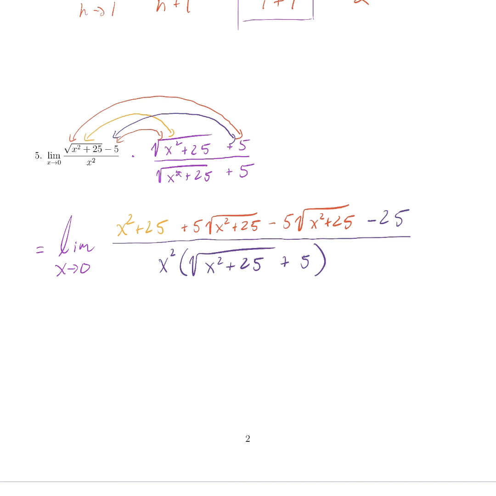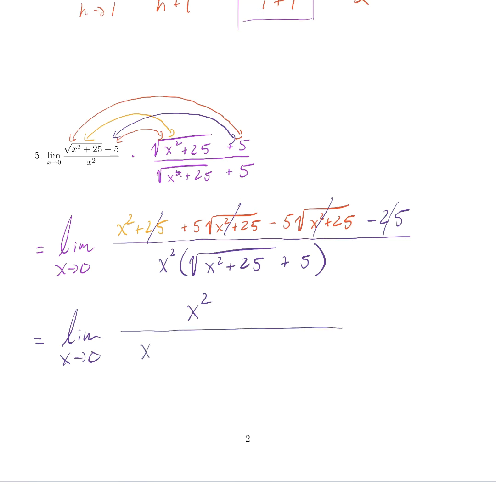So what happens then? We do some simplification in the numerator. We get the limit as x approaches 0. The two red terms are a positive of the same term and a negative of the same term, so those go away. We have a positive 25 and a negative 25, so those go away. The only term that's left then in the numerator is x squared.